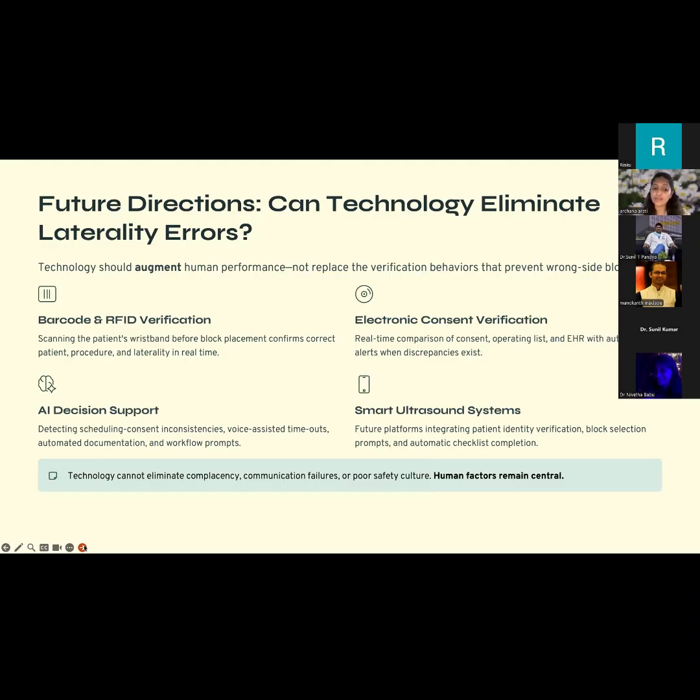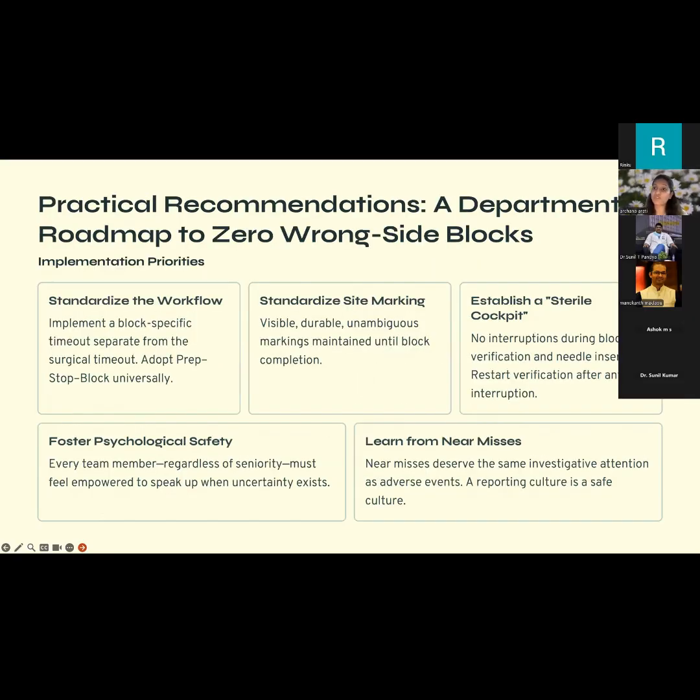So this is probably where technology can help us eliminate or reduce some of these communication failures and complacencies, especially in systems where there's poor safety culture. However, the human factors are central, and we still need humans to run the technology as well. So it's not just that the technology is present, but how well and how effectively we use it.